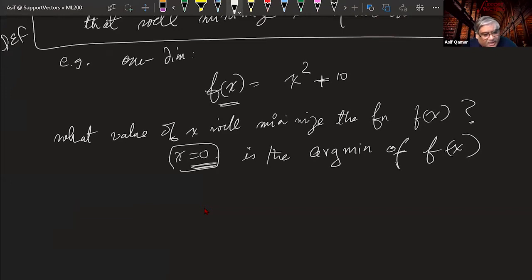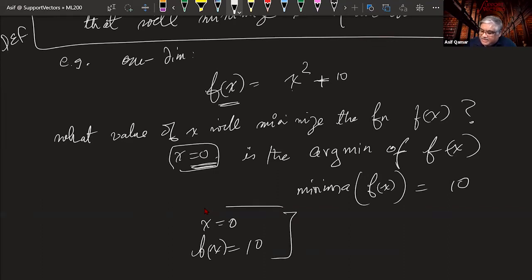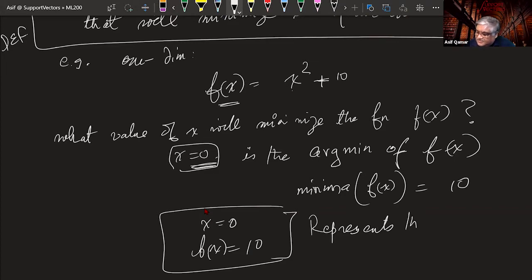But the minima of the function is what? The minimum of f(x) is equal to 10, because if you put x equal to 0, it will be 10. So the point x equal to 0, f(x) equal to 10 represents your minima. Does this look simple, guys?